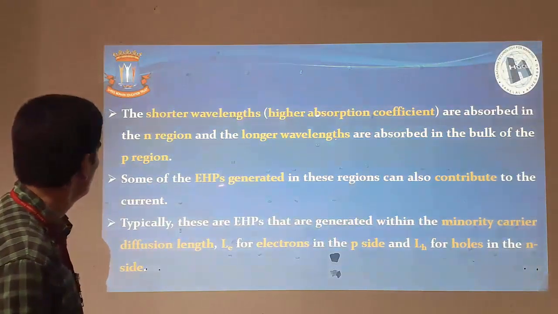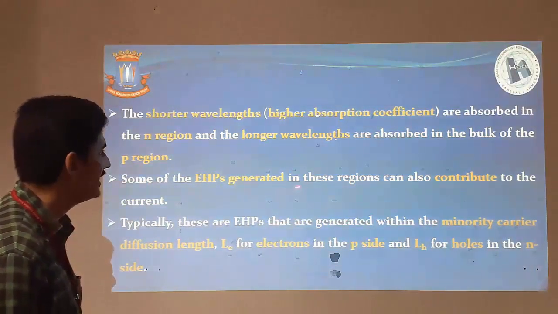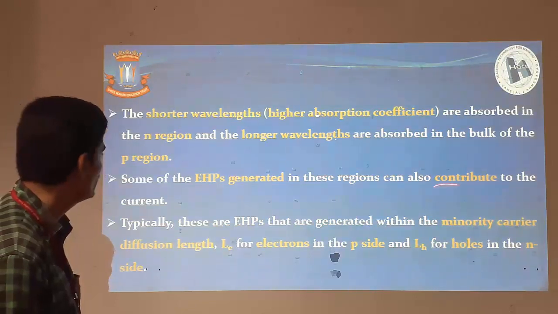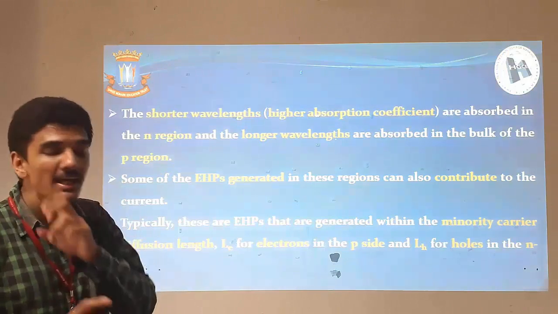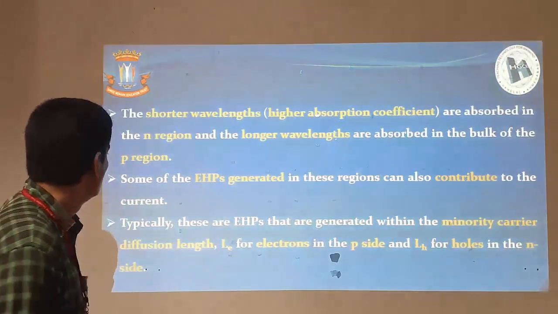Some of the electron hole pairs generated in these regions can also contribute to the current, in the P-type region as well as in the N-type region.